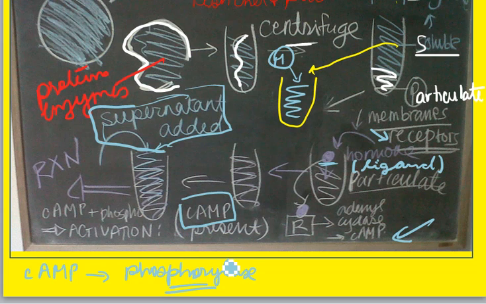Okay, since we have 2 minutes left, I'm just going to read out this note from my notes. Sutherland identified the substance released by the particulate fraction membranes as cyclic adenosine monophosphate, or cAMP. This substance was released by the particulate fraction into the wash and activated phosphorylase.